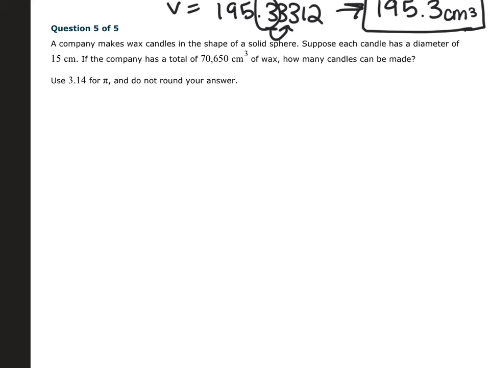So the first thing I'm going to do, I'm going to find the volume of just one candle. Then once we do that, I can take that large amount of wax they have, divide it by how much one candle takes up, and then we can see how many we make from there. So my volume formula is 4/3 pi r cubed.